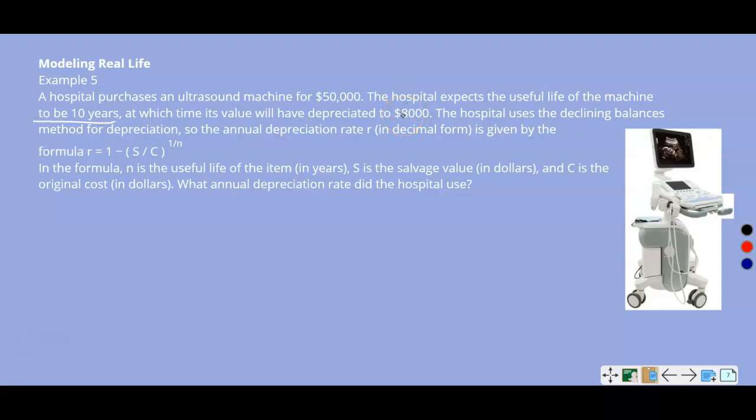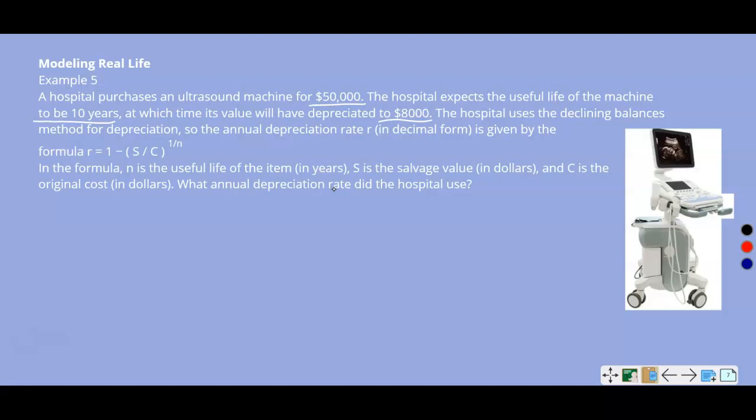And then C is the original cost. So the original cost, the hospital purchased an ultrasound machine for $50,000. What annual depreciation rate, so that's going to be a percentage, what annual, that's yearly, depreciation rate did the hospital use?